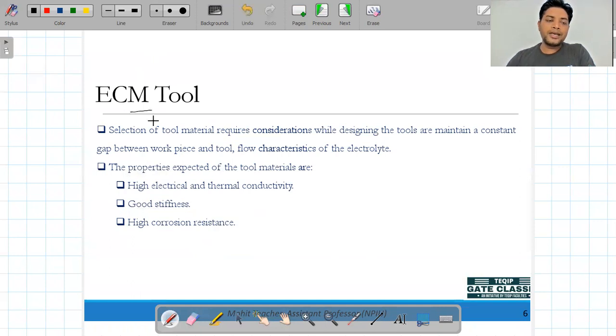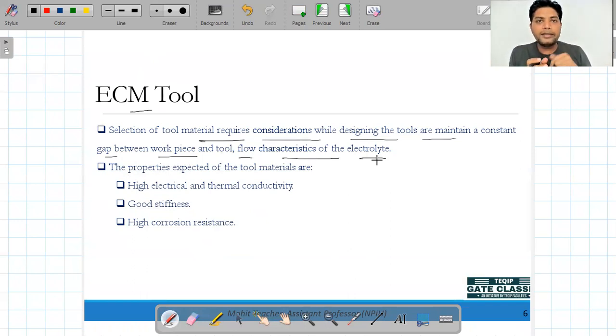Next is the ECM tools. What properties are required for the tool? The selection of tool material requires consideration while designing the tool: maintain a constant gap between the workpiece and the tool, and the flow characteristics of the electrolyte. Initially we have to maintain some gap, around 2 mm or 3 mm.